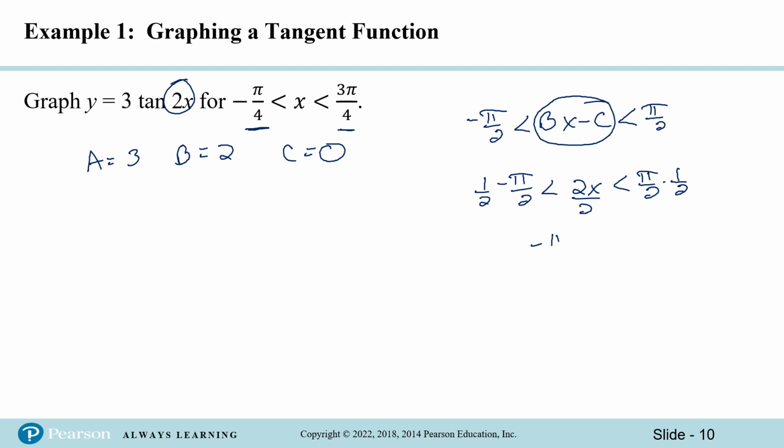So negative pi over 4 and pi over 4. So 1 full period is going to be between negative pi over 4 and pi over 4. And we're going to have 2 consecutive asymptotes at x equals negative pi over 4 and x equals pi over 4.